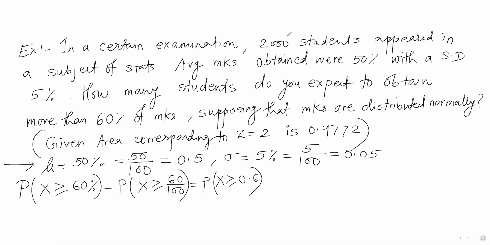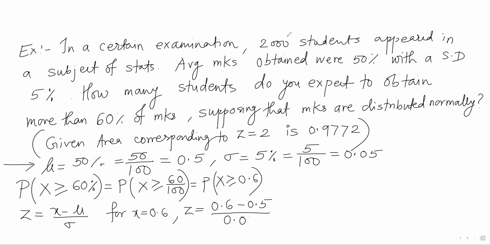Now in this case, we will calculate the value of z. z is x minus mu by sigma. So for x equal to 0.6, z is 0.6 minus 0.5 divided by 0.05.